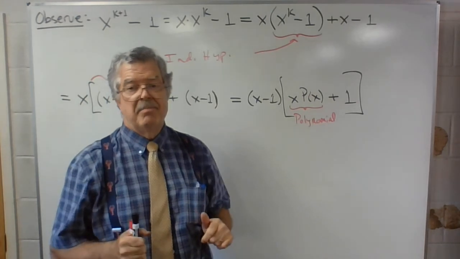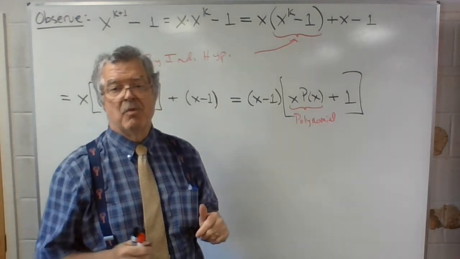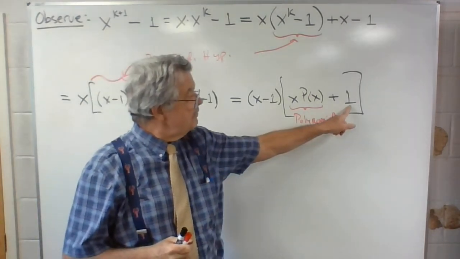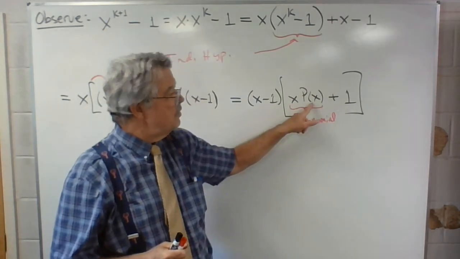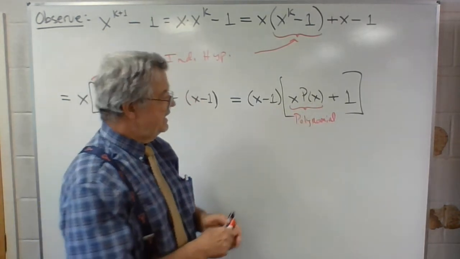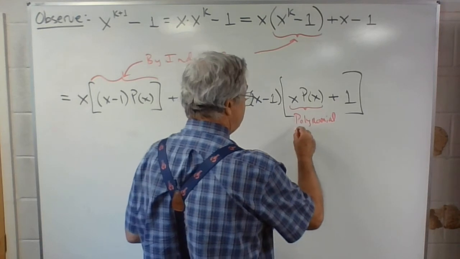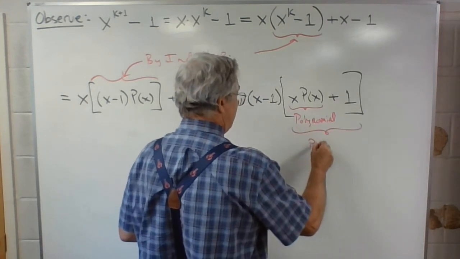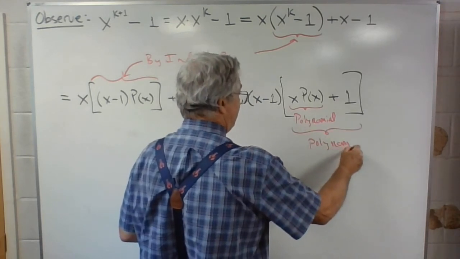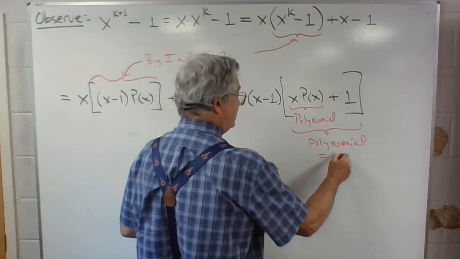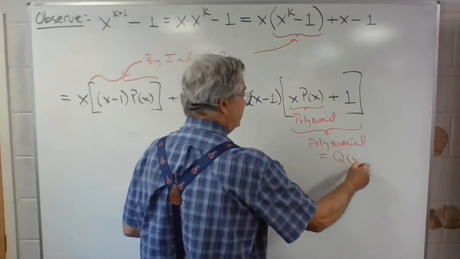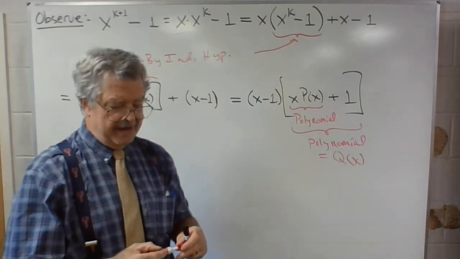Yeah. A polynomial is the sum of one or more monomials. This is a monomial. I'm adding it to a polynomial. I get another polynomial. And I'm going to call this polynomial q of x.